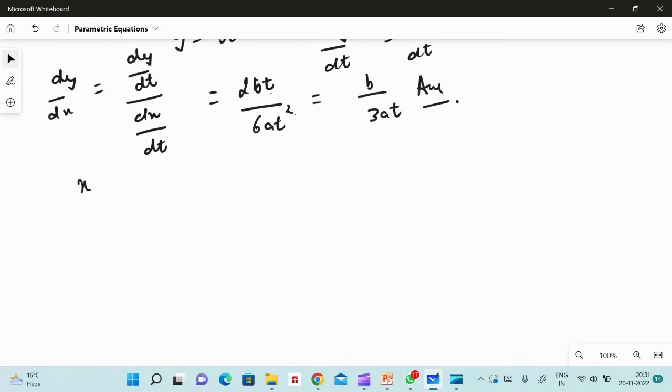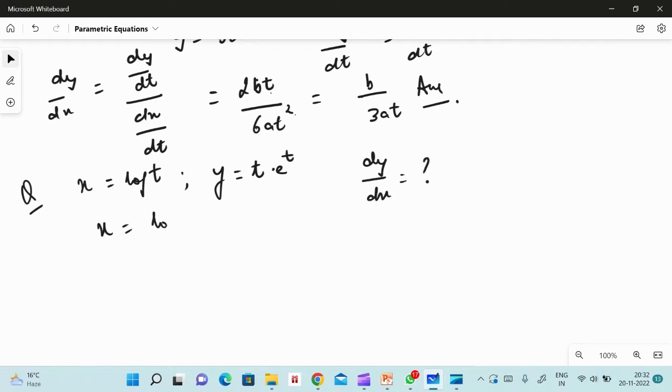So let's take one more question to clarify the concept. Like if it is given that x is equal to log of t and y is equal to t into e power t, right? And we have to find out dy by dx. So in this case, x is equal to log of t. I will take dx by dt equal to d by dt of log t, right?